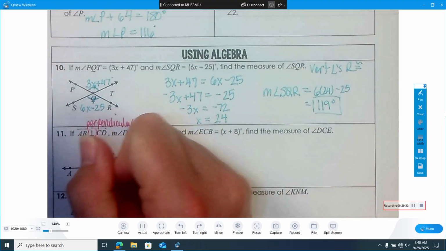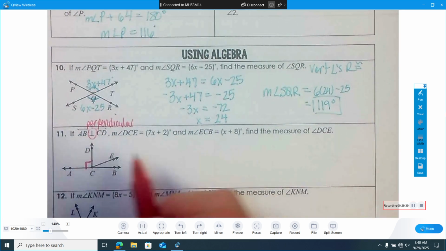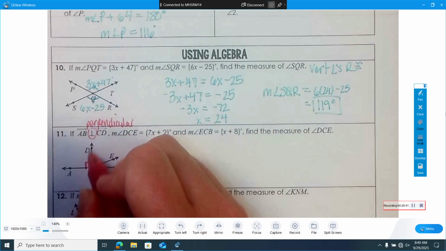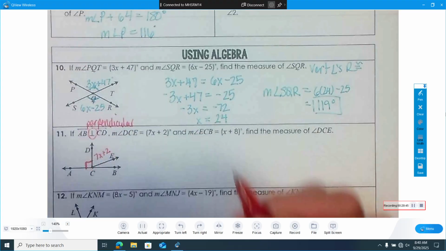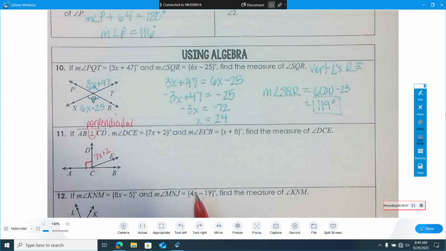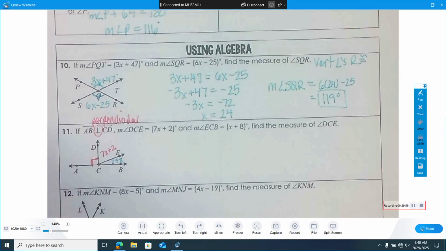So there is a right angle here, which means there's a right angle on the other side as well. Very good. DCE is right here, so 7x plus 2 degrees, and ECB is the little skinny angle here, is x plus 8. Find the measure of DCE.